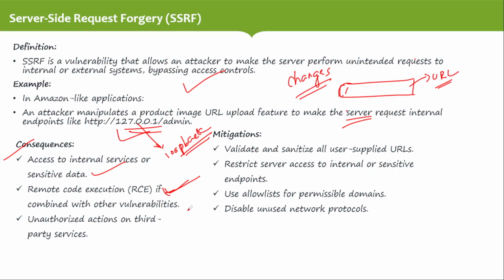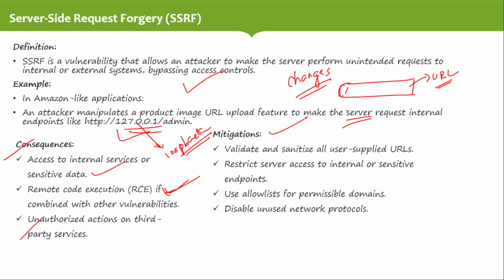So we can find out what files are present in the server using Server-Side Request Forgery, and that can lead to remote code execution and unauthorized access on third-party services. That is another consequence.